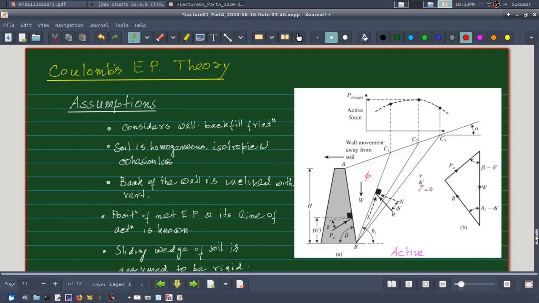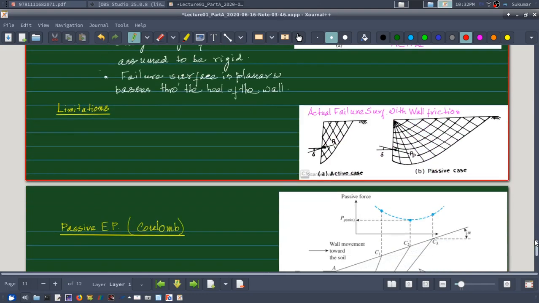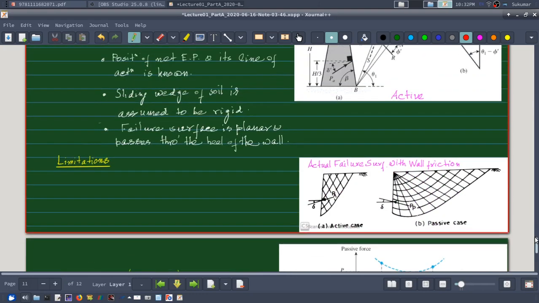Okay, now there are some limitations, of course, of any theory. So one limitation here is that we assumed the failure surface is a plane passing through the heel of the wall. The actual failure surface, due to the effect of friction between wall and soil, becomes slightly curved, both in active and passive cases.